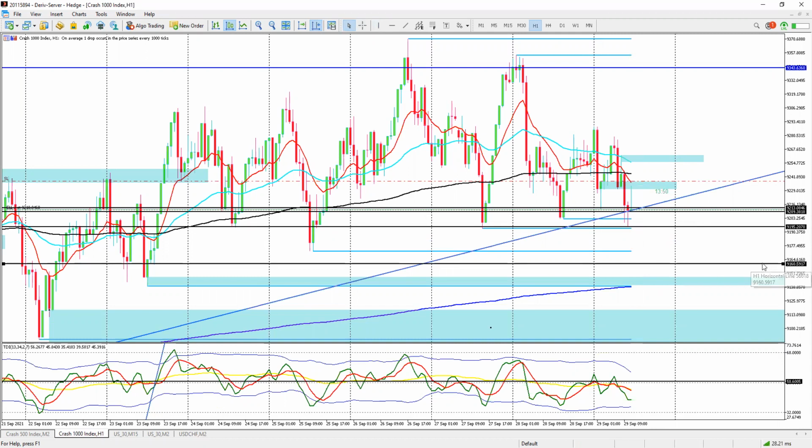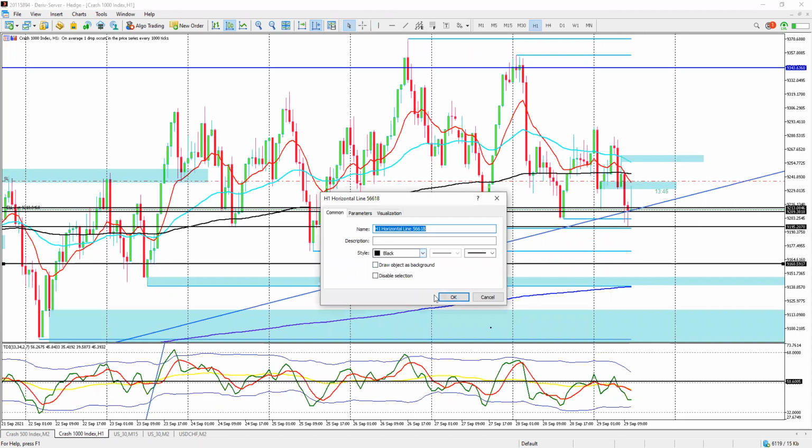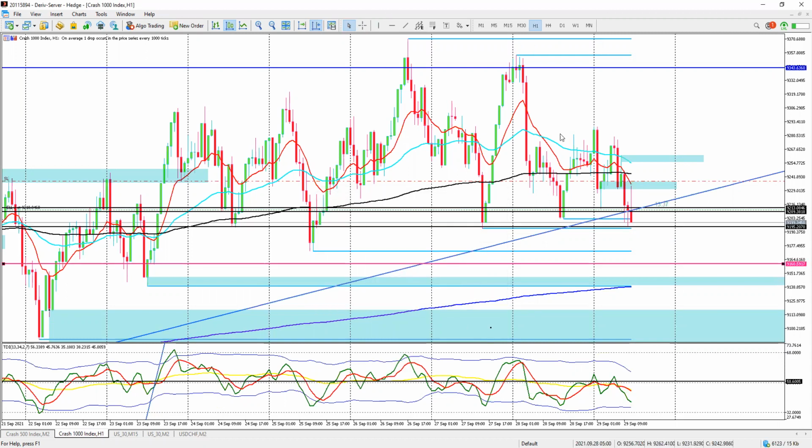So my take profit, let me just change the color, would be on the pink line right here. That will be my take profit. I would have gained 2 portions of the one part which I was risking.